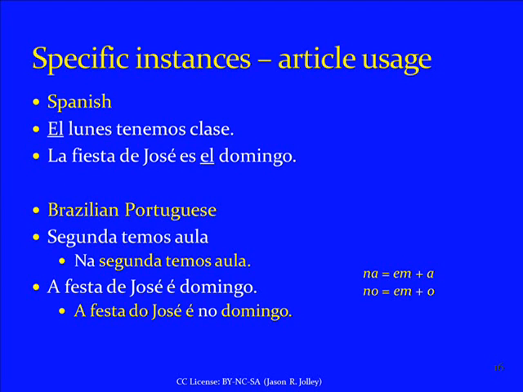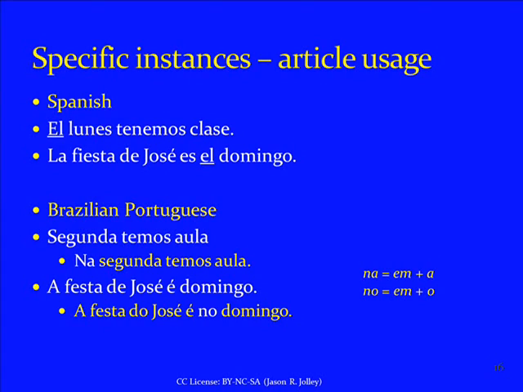However, when it comes to indicating a specific future instance of something that somebody does and we want to indicate the day of the week, then we don't have, typically, in more formal Brazilian Portuguese anyways, any kind of article or preposition plus article, which is contrary to Spanish, because you'll recall if you speak a little Spanish that if I want to say we have class on Monday, I say tenemos clase el lunes, or el lunes tenemos clase, or José's party is on Sunday.